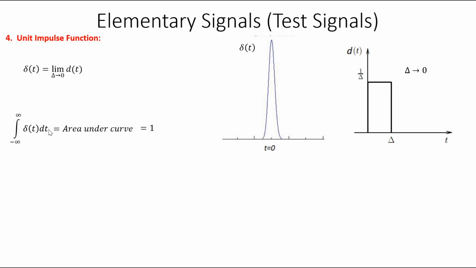So we can say that the area under the curve of the impulse function is 1, or the integral from minus infinity to infinity of delta of t dt is equal to 1. Now we can define the impulse function as: for all values where t is not equal to 0, the function is 0.